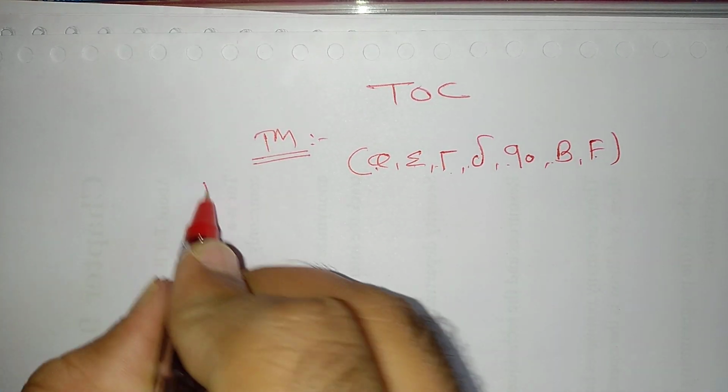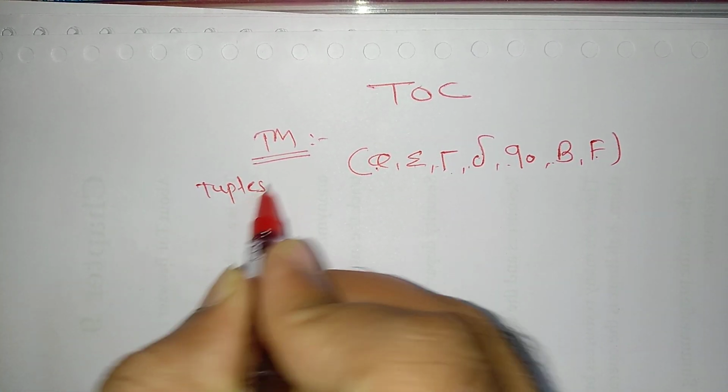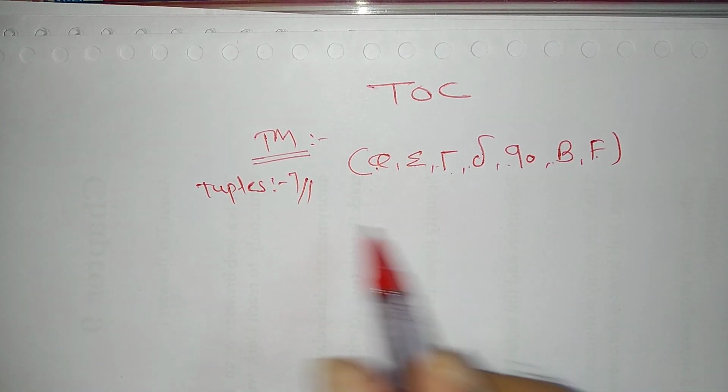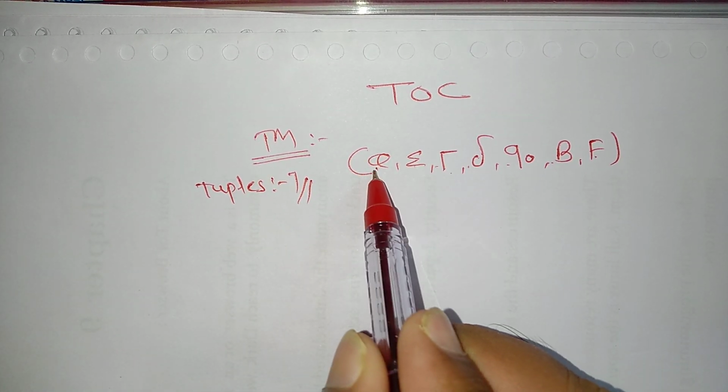How many tuples do we have in a Turing machine? We have 7. Which are those? I will state once again.